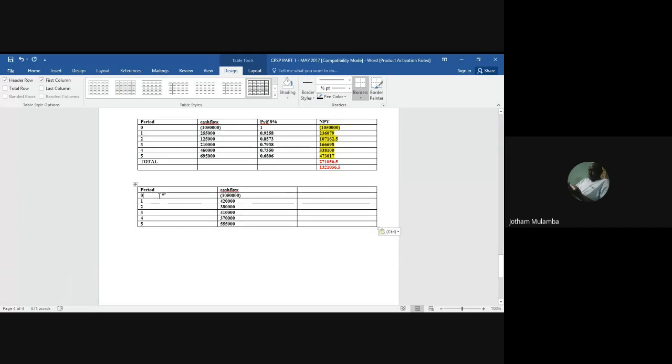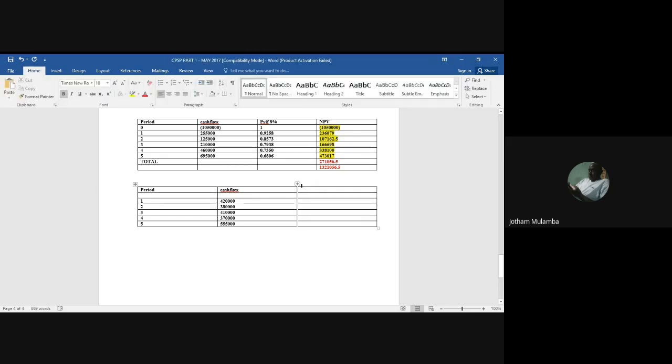Because now we are dealing with the payback period, we don't require year zero. Instead, at the end here, we'll create a cumulative column.